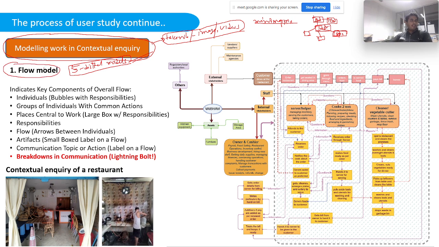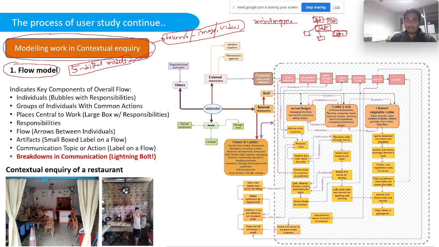Okay, so flow model, what is flow model, how we design flow model is already discussed in the class actually. So basically flow model is one where we include different figures or different structures to represent the stakeholders.